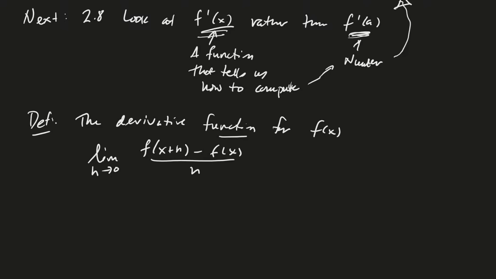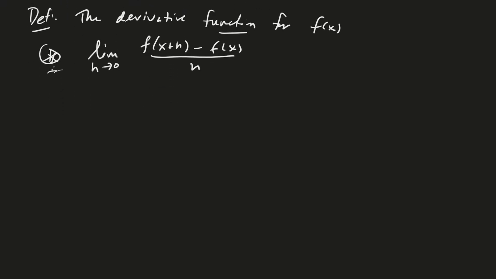Good. We're going to always use this formula, by the way. I should tell you that there is another formula in the book, and sometimes that's useful for the algebra, but we're going to stick primarily to this definition. Okay, so let's see if we can compute the derivative function. Here's a few quick ones.